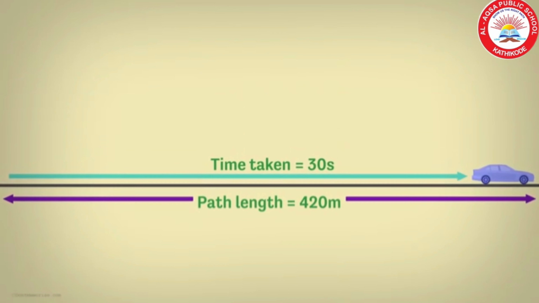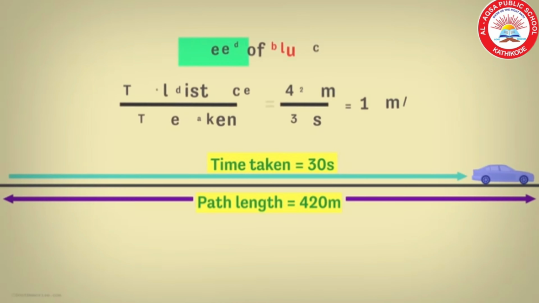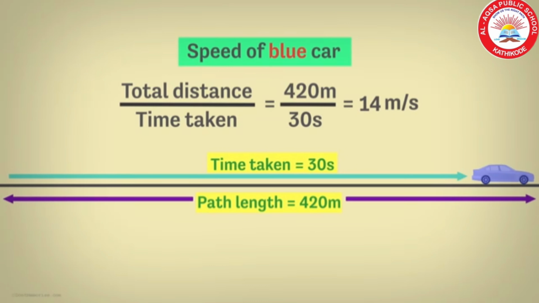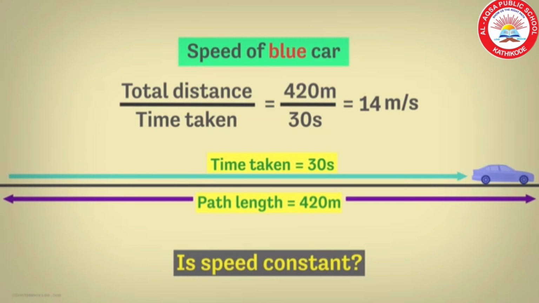Yes, time taken here is 30 seconds and the path length is 420 meters. By the equation, it is total distance by time. So we get 420 meters divided by 30 seconds, which is 14 meters per second.